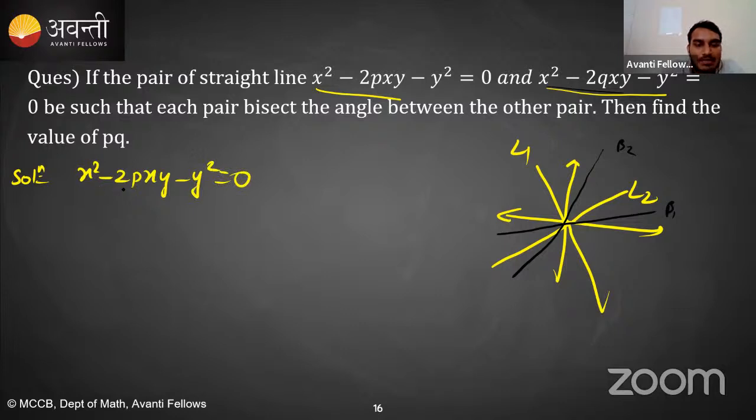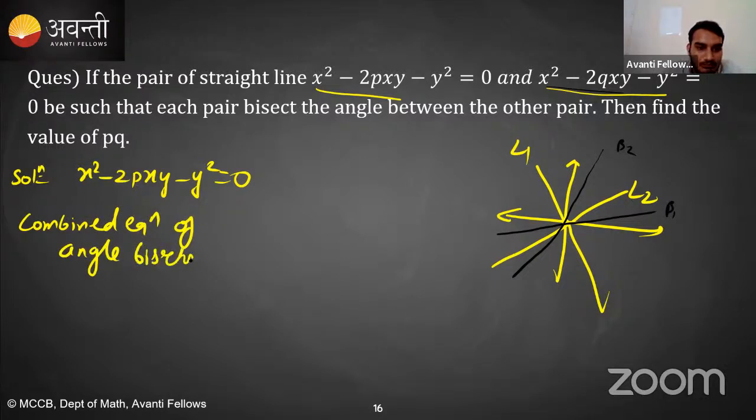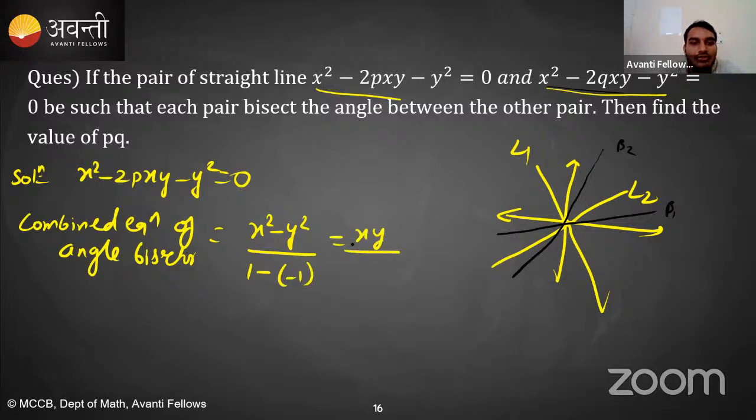What is the combined equation of the angle bisector of this pair of lines? It is x square minus y square upon a, where a is the coefficient of x square, minus b, where b is the coefficient of y square, is equal to xy upon h, where h is half the coefficient of xy. The coefficient of xy is minus 2p.